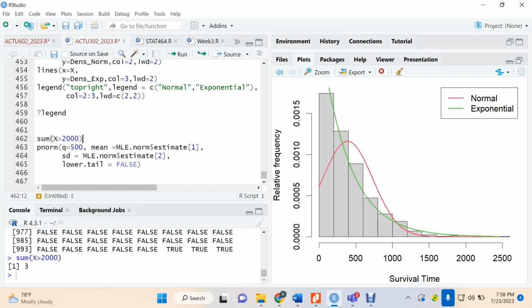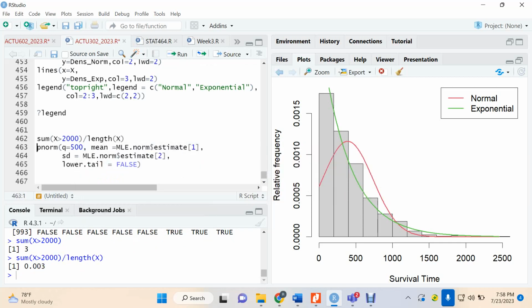If I divide this by the length of X, that gives me the probability that I record observations greater than 2,000. If I change this to 1,000, it will give me the probability of recording observations greater than 1,000, from the data. So I can compare it with the normal distribution.